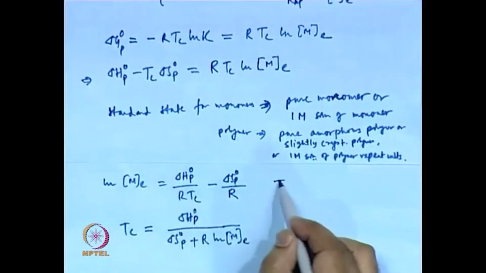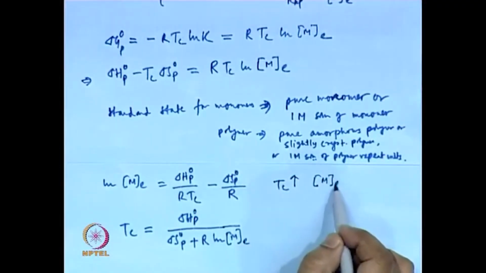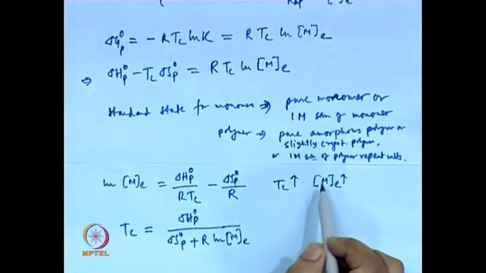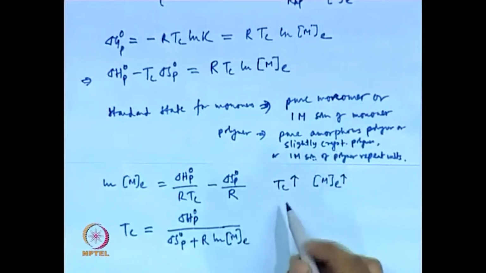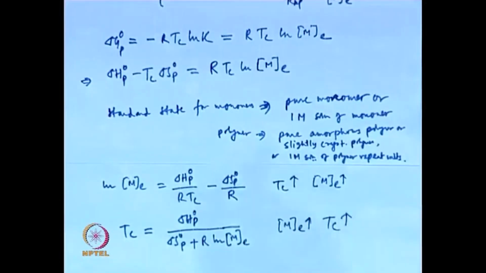If you change Tc, if you increase Tc, the equilibrium concentration of the free monomer increases, and as Me increases, the equilibrium concentration of the monomer increases, then Tc also increases. This is a very important thing, that Tc is not a single temperature, okay, it depends on the composition of your polymerization reaction.